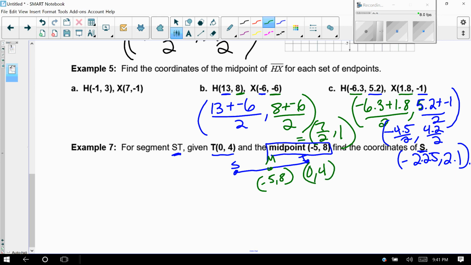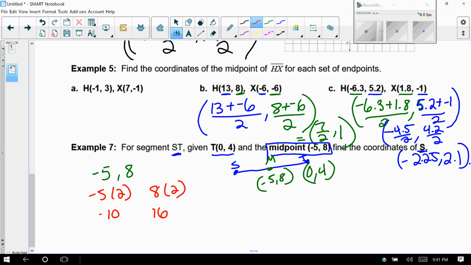So remember, we're going to start with the midpoint. I'm going to write it down, -5 and 8. We're going to double them. We're going to multiply them by 2. So -5 times 2, and then 8 times 2. -5 times 2 is -10, and 8 times 2 is 16.